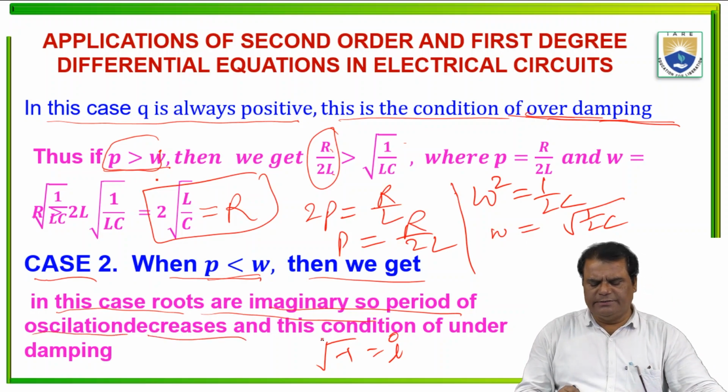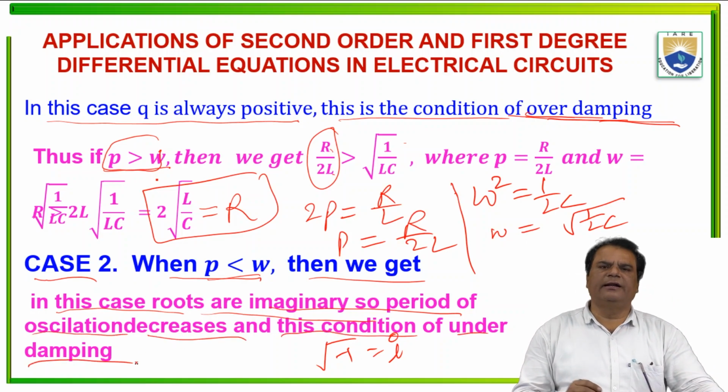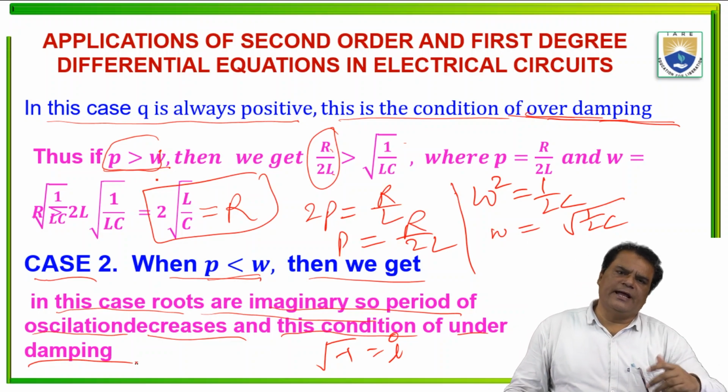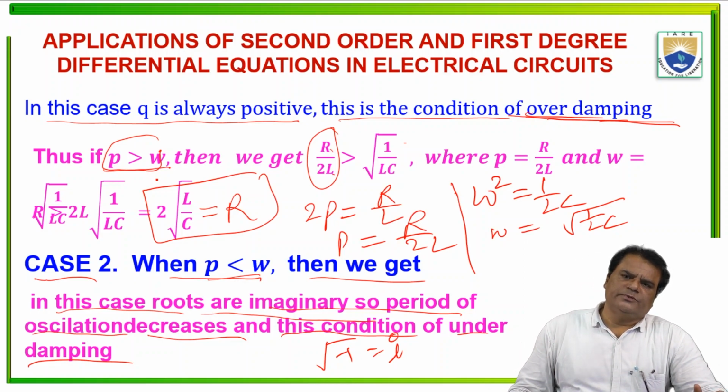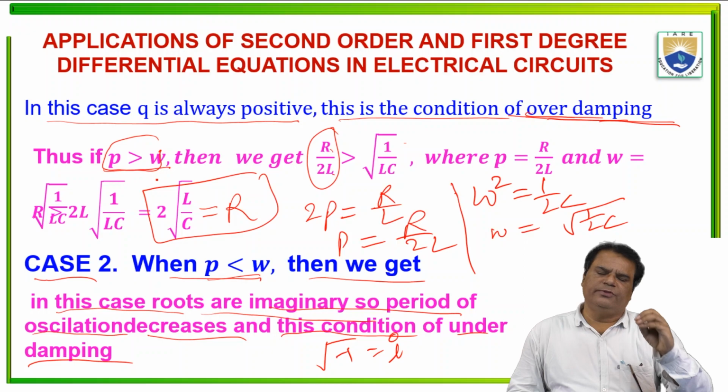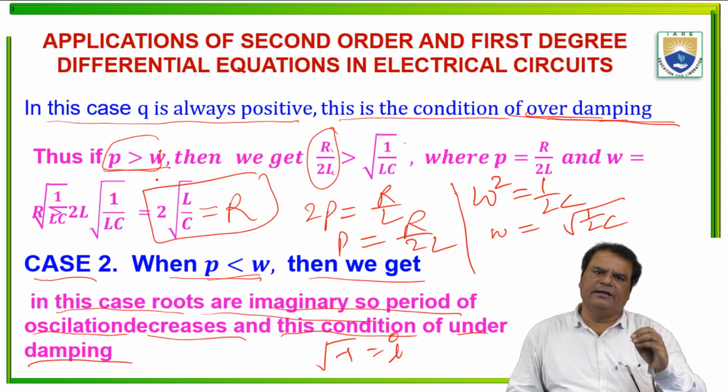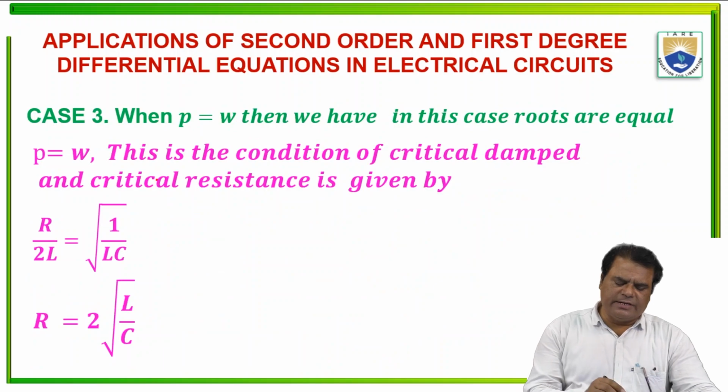Oscillation decreases and this condition is underdamping. If P is less than W, the electrical circuit is underdamped. If P is greater than W, the electrical circuit is overdamped.